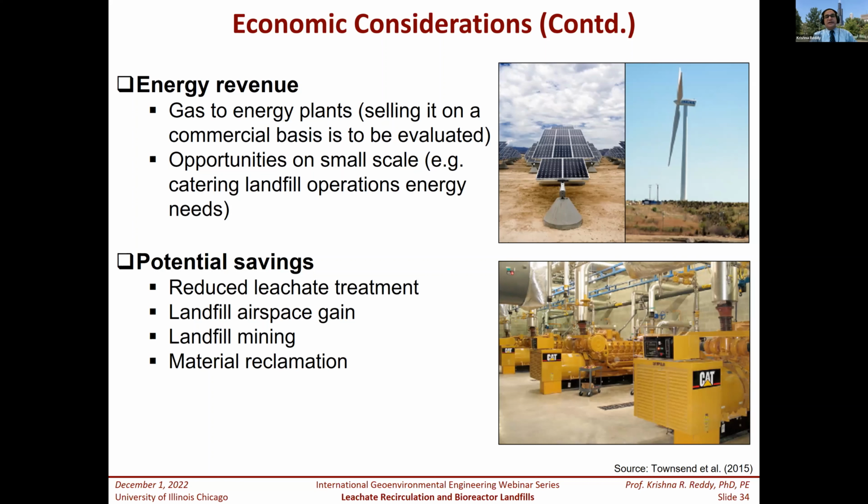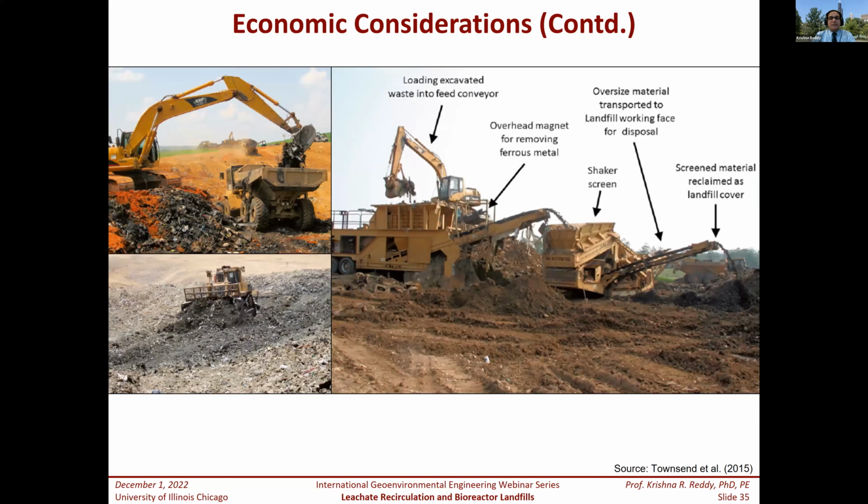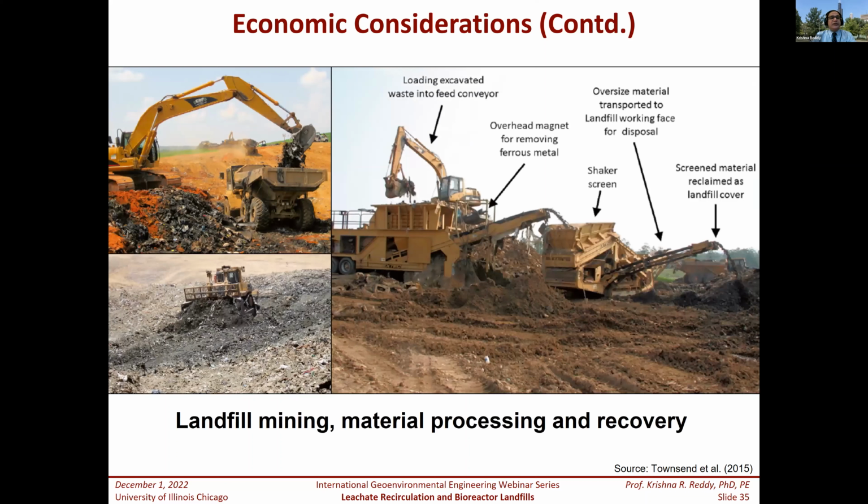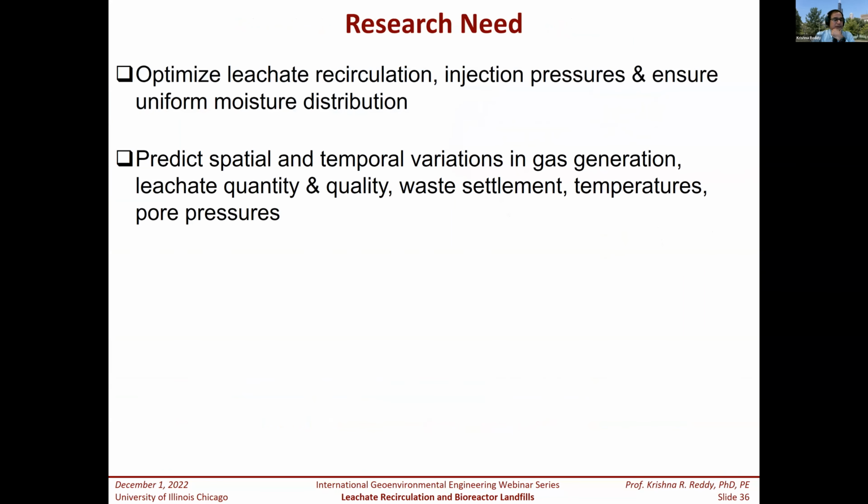This is not commonly done, but ideally the waste organics are gone, you have all the inorganics, and you can do the landfill mining, sorting, and material processing and recovery. So that's the whole thing about it.